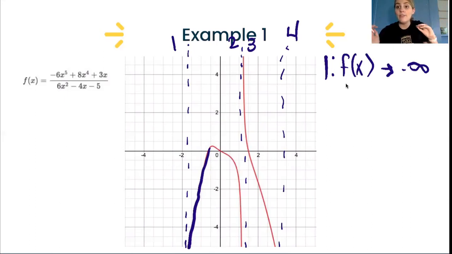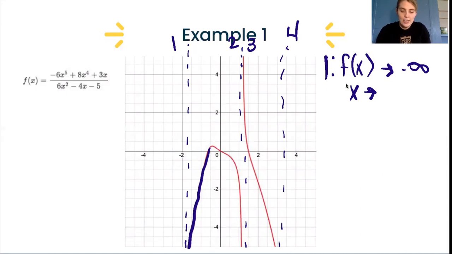Now we need to identify what's happening with our x-axis. We've done these before where one approaches negative infinity, the other approaches positive infinity, and so forth. But my question is, as this line goes down, what spot on the graph is it approaching?